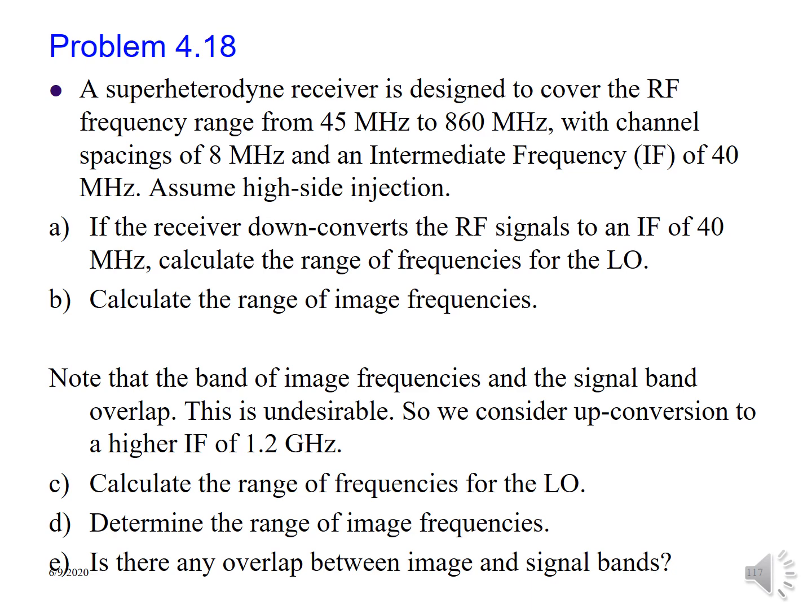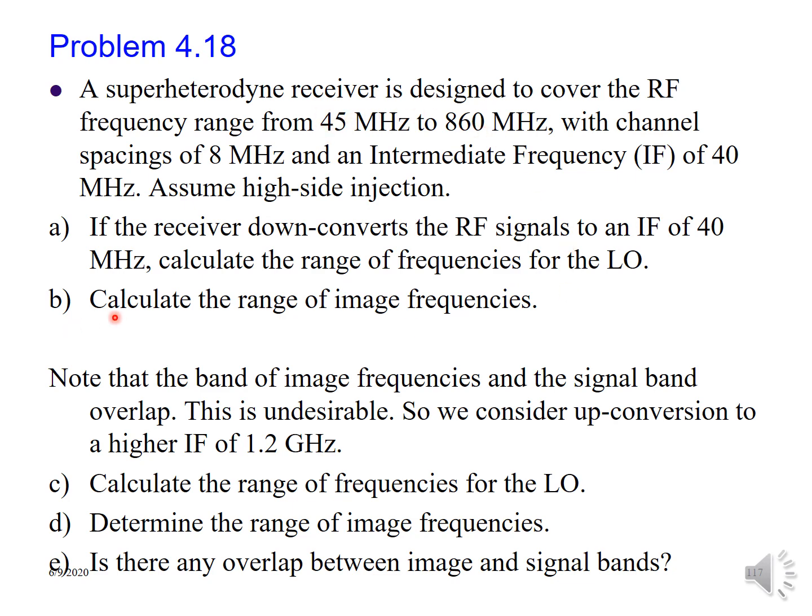The question is, if the receiver down converts the RF signal to a targeted IF of 40 MHz as stated here, calculate the range of frequency for the LO. We know that to calculate the LO, we must identify what is the IF that we want, and we also know the range of RF signal that will come to the mixer.